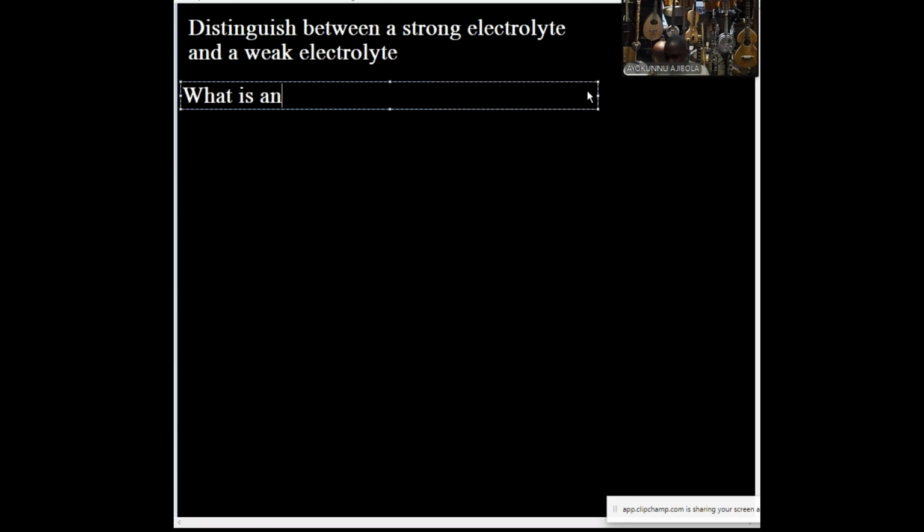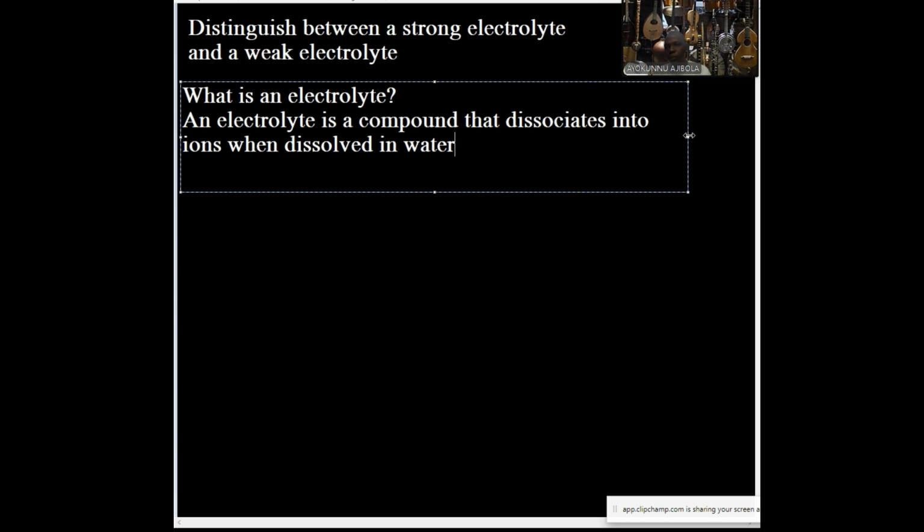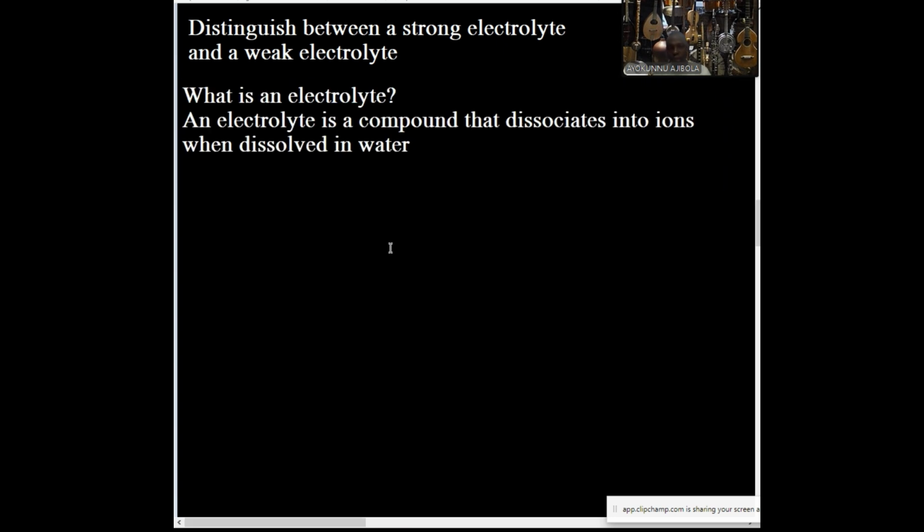An electrolyte is a compound that dissociates into its component ions when dissolved in water. Or you say it's a substance that dissociates in water into charged particles called ions. You're still saying the same thing.